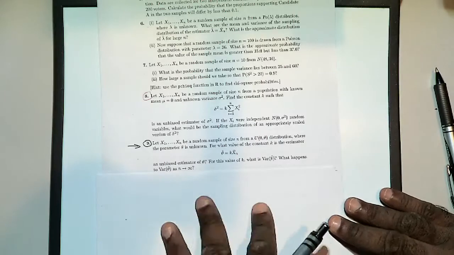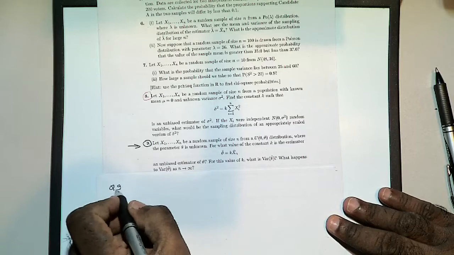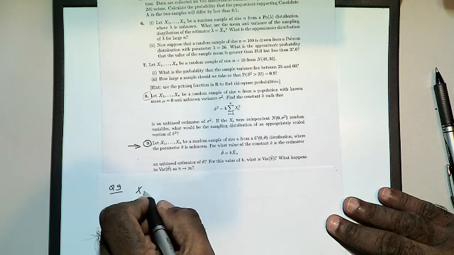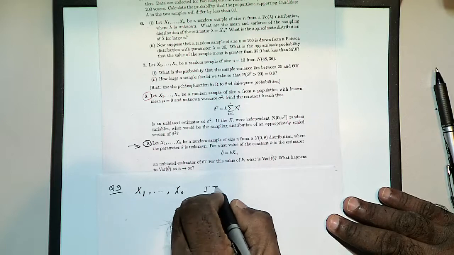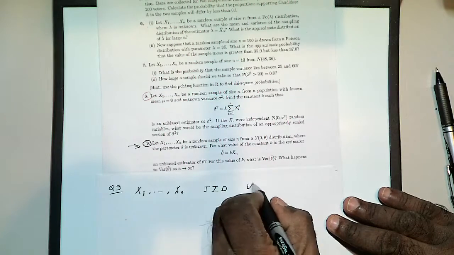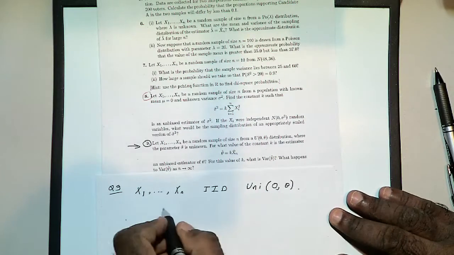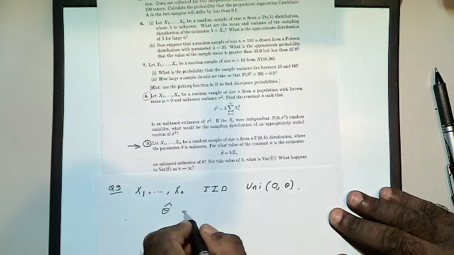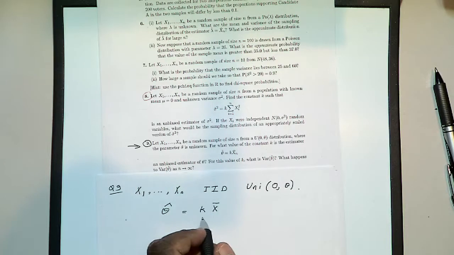So you have X1 to Xn, which are IID from a uniform distribution from 0 to theta. And you have this estimator, which is k times the sample mean, right? And once again, we want to find k so that this is the unbiased estimator for theta.